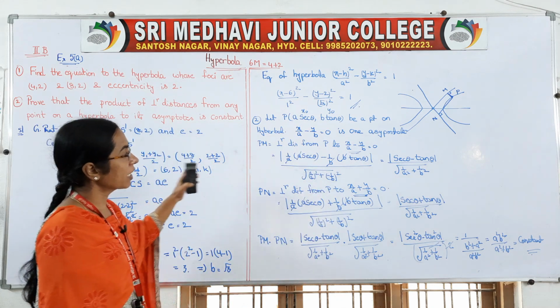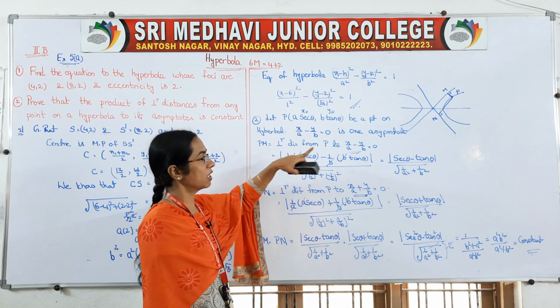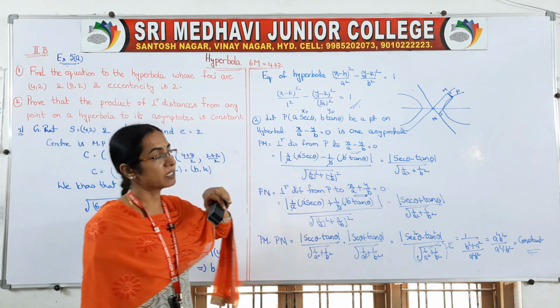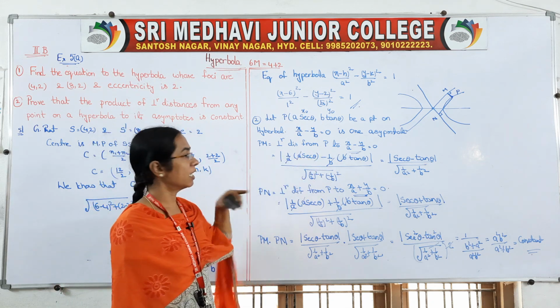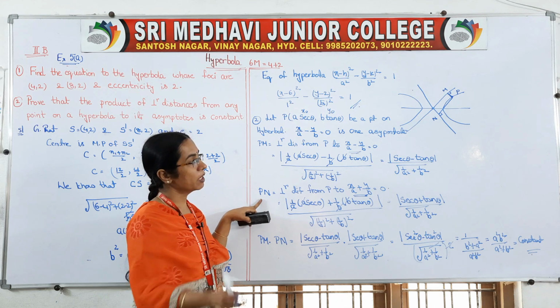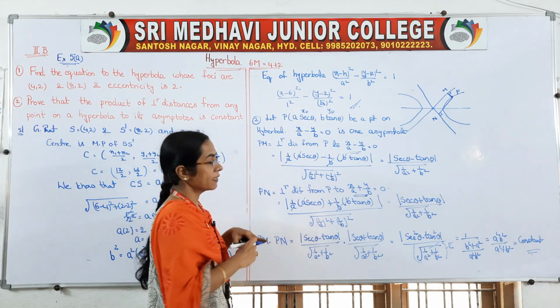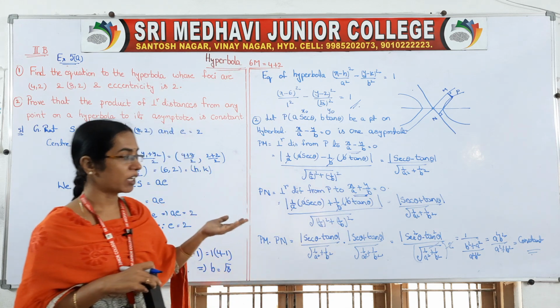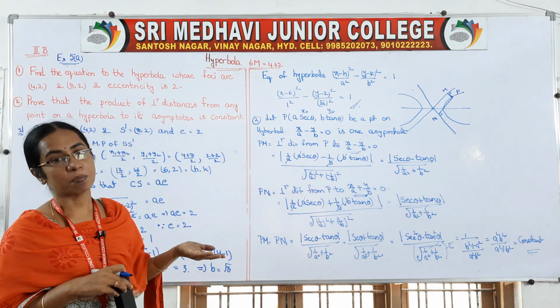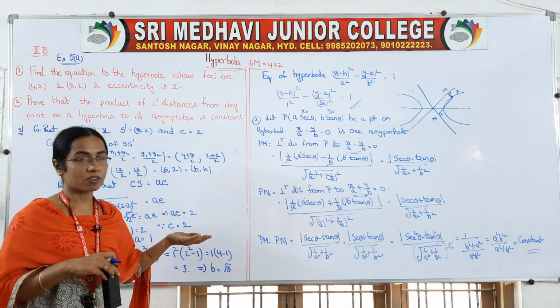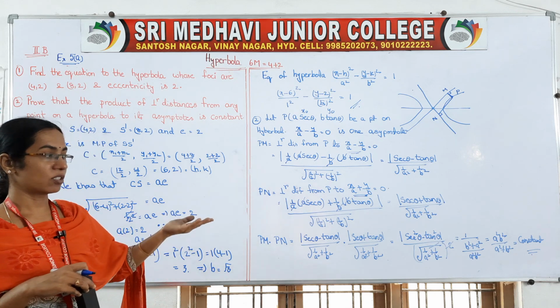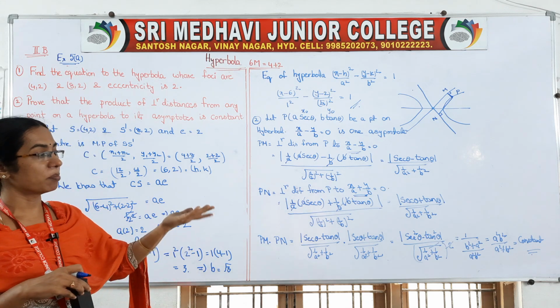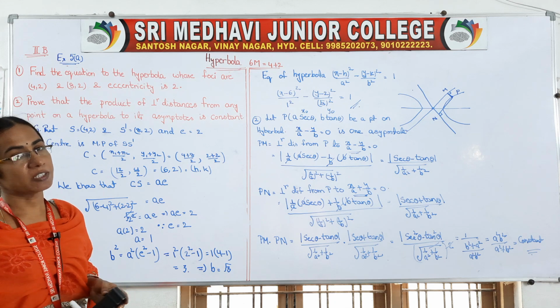Then we have taken the perpendicular distance from that point to the first asymptote, and next the perpendicular distance from the point to the second asymptote. Then you take the product, and we got the value in terms of a and b. A is constant, b is constant, so the equation is in terms of a and b, which means totally it is constant.